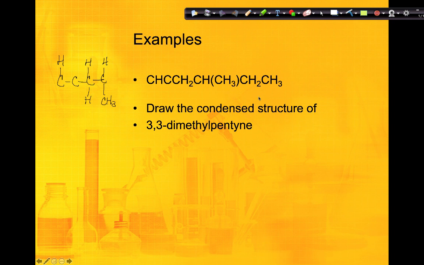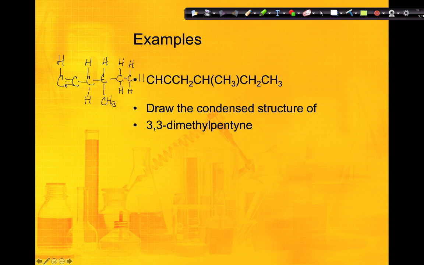Then we have a CH2, and then we have a CH3. Okay, so now let's fill in the bonds. I'm missing 2. So 1, 2, 3, 4, 1, 2, 3, 4.